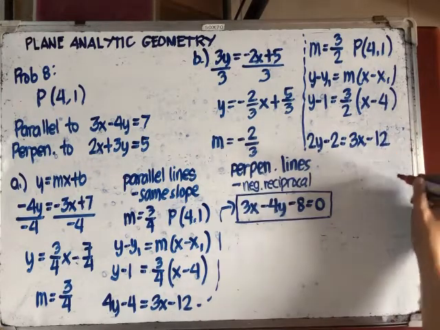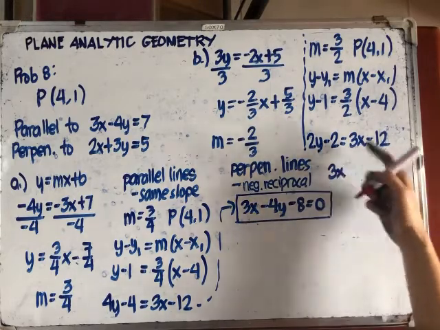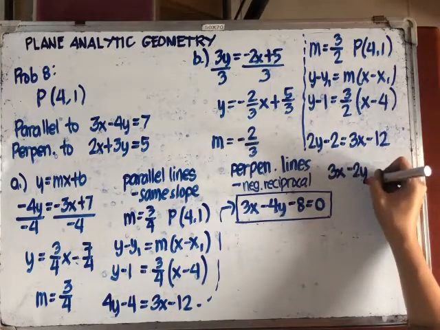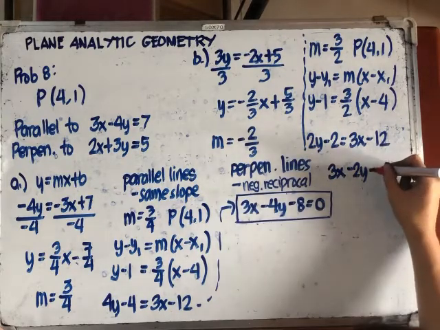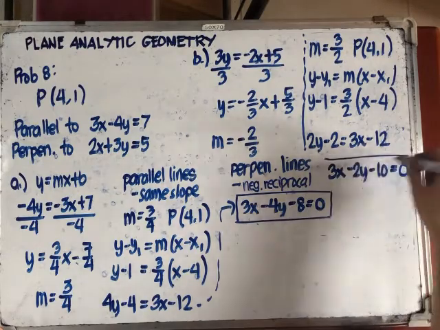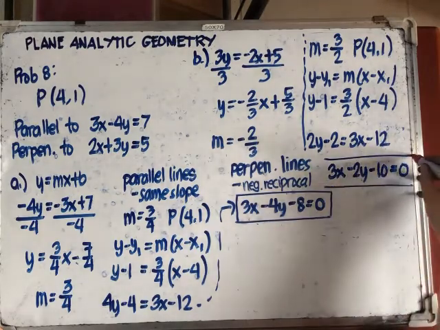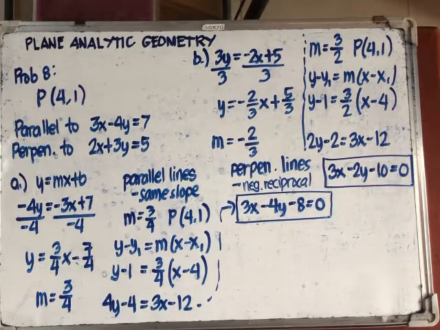To finish this up, this would be 3x minus 2y, negative 12 plus 2 on this side is negative 10, equal to 0. This is the answer that we are looking for, the line perpendicular to 2x plus 3y equals 5.